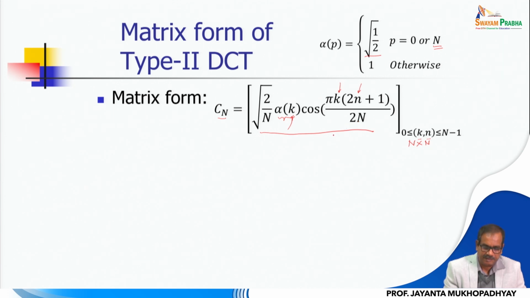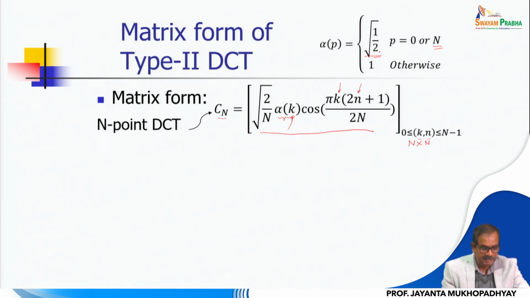So for the equivalent period, this definition is useful. And for other cases, it is 1, which means that the scaling term for the first row is root over 1 by n. If I multiply root over 2 by n with root over 1 by 2, then it becomes root over 1 by n, and for other rows, these are root over 2 by n.